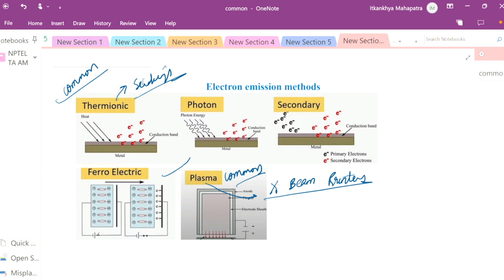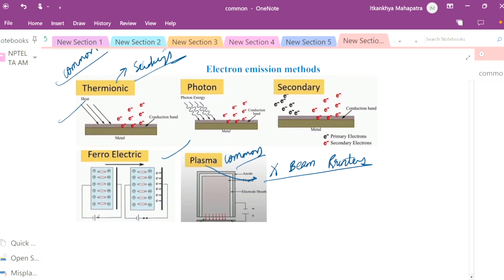It is the company with thermionic. Now in our assignment we have a question: what type of electron emission method uses the heat source. So it's very simple. Heat source is the thermionic. The thermionic method uses the heat source. So electron emission here occurs due to the heat supplied. We were supplying heat and electron emission is occurring.